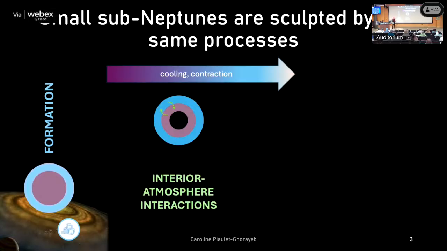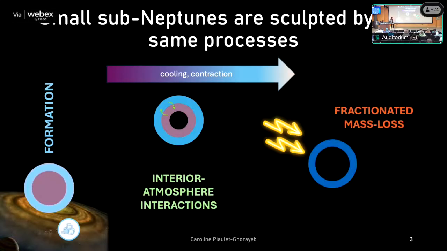Then, as they start very hot, a lot of their volatiles can be in a molten magma phase, but there will be these long-lived chemical interactions between the interior and atmosphere of the planet, where we can learn about some of the interior's properties.